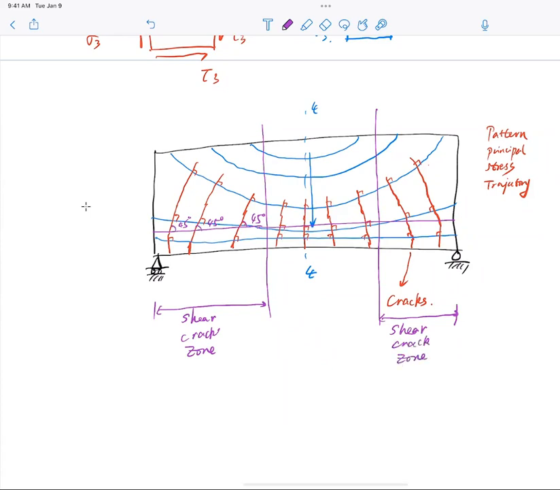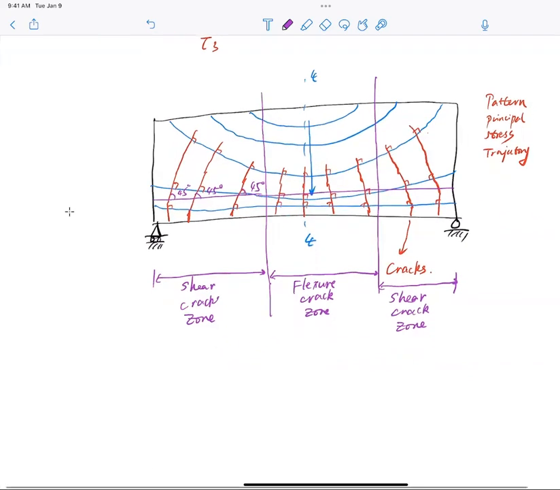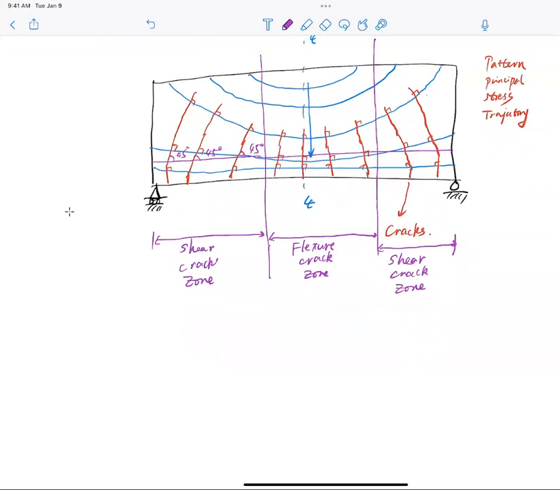In the middle, the cracks tend to be more straight because flexure stress is dominant. So these are the flexure crack zone. So what are we talking about? We're talking about that in this case, I will design my reinforcement differently.